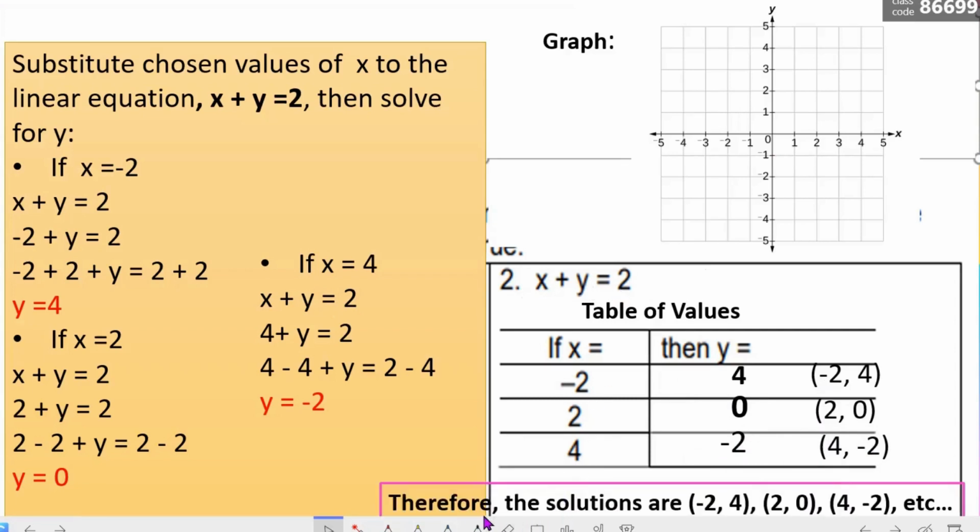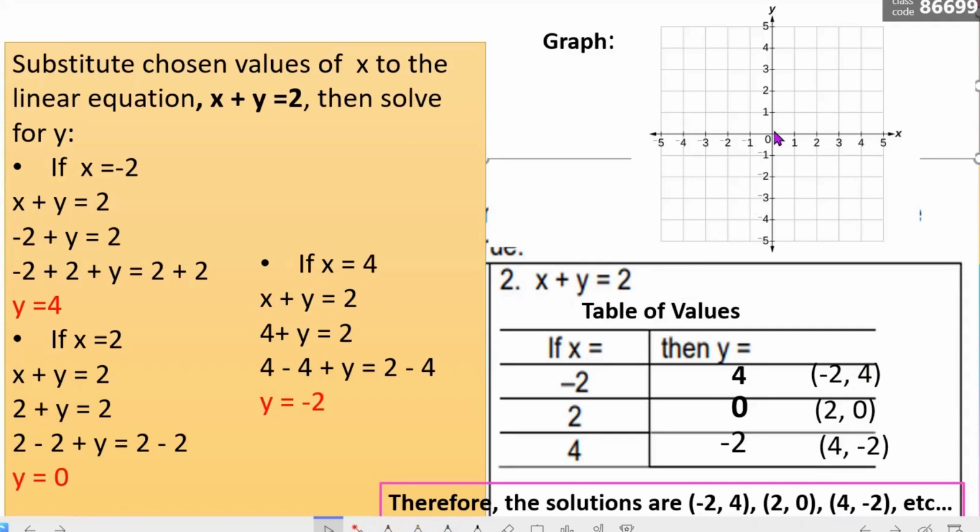So all of these, therefore, are the solutions: -2, 4, 2, 0, and 4, -2, and a lot more, because there are lots of points that are lying on the straight line representing this equation. So let's plot these solutions and try to graph this linear equation.